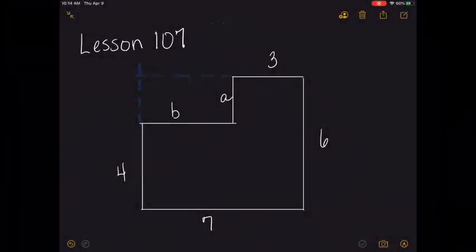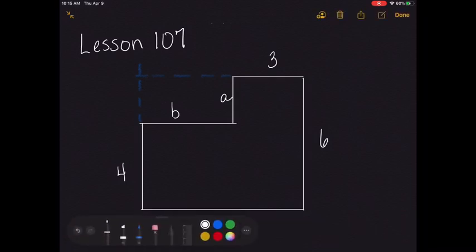Lesson 107 is about finding the areas of complex shapes. We've already done this with perimeter, but now we're going to do it with area. And there's more than one way to do this, as often there is with math problems. I've already drawn this.